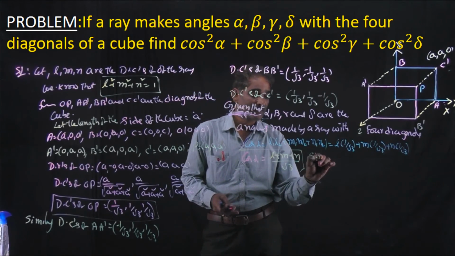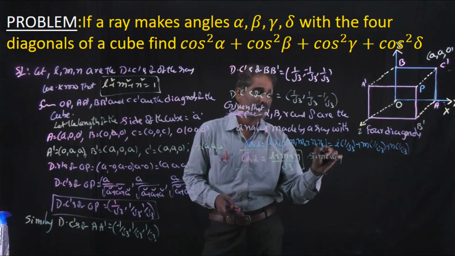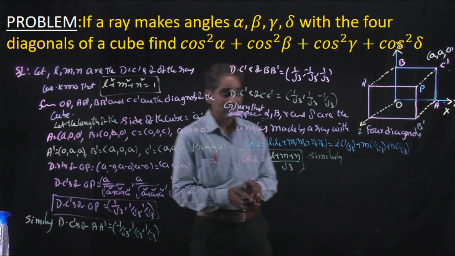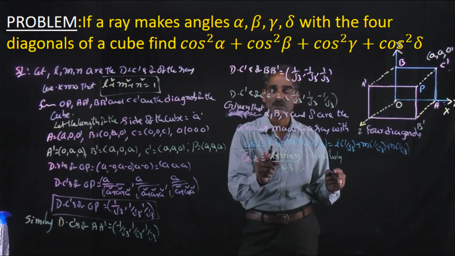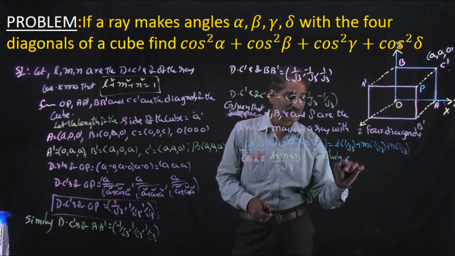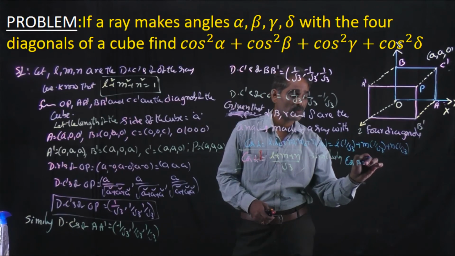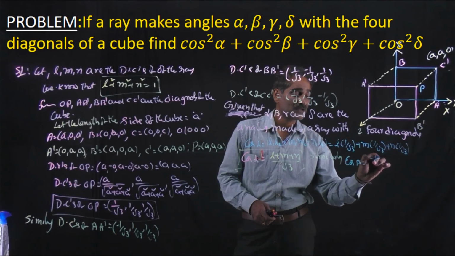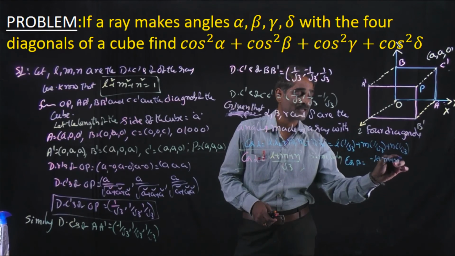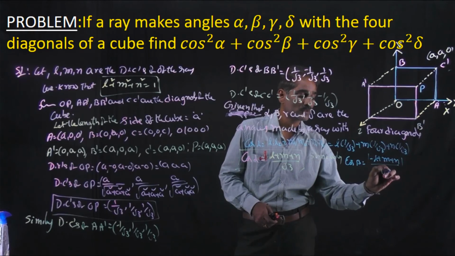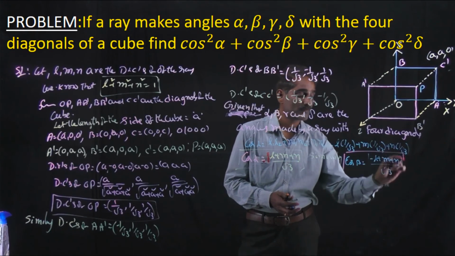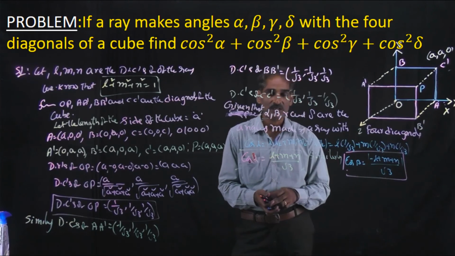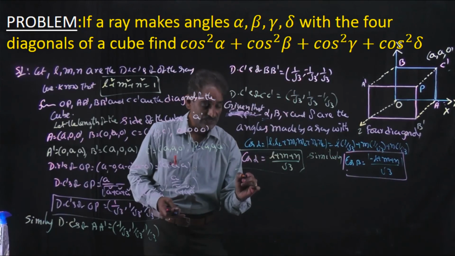Similarly, what about cos beta? We will get a negative at the first term. Cos beta is equal to minus L plus M plus N by root 3. This is the value for cos beta. Similarly, write down cos gamma and cos delta.